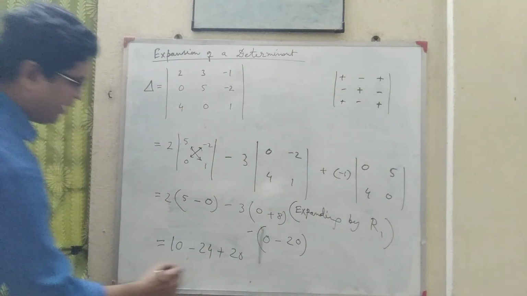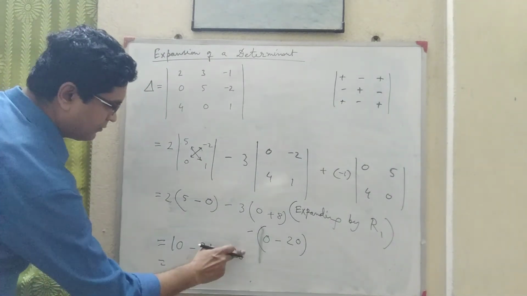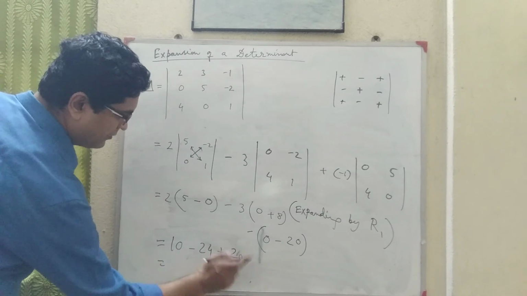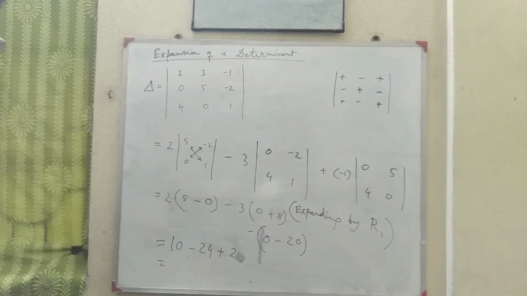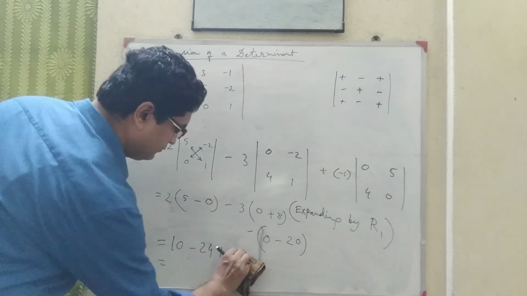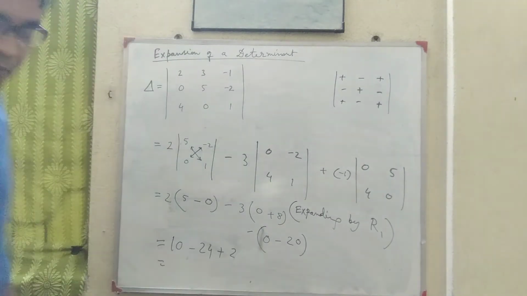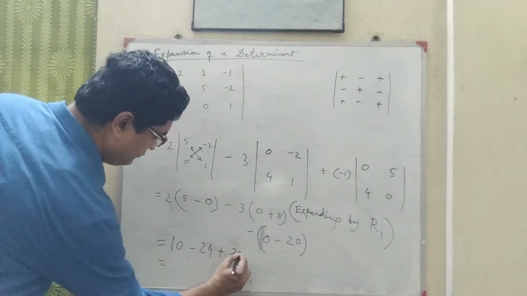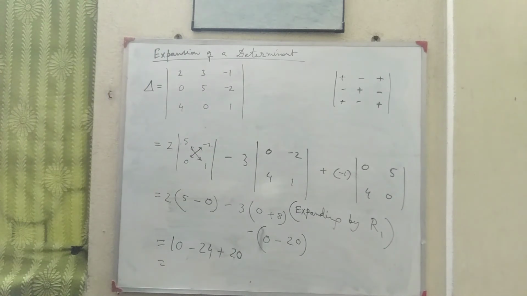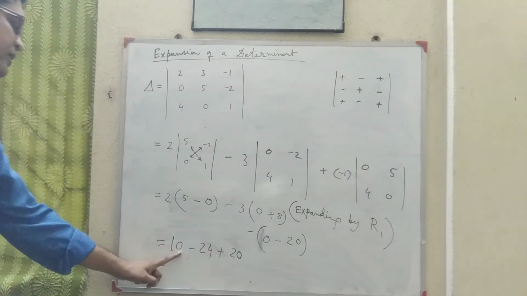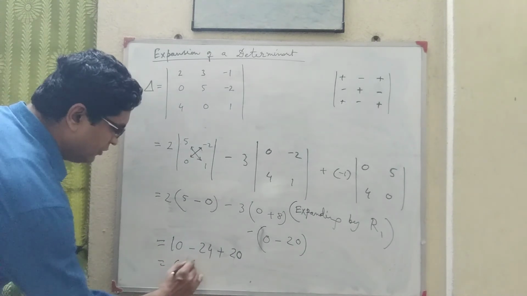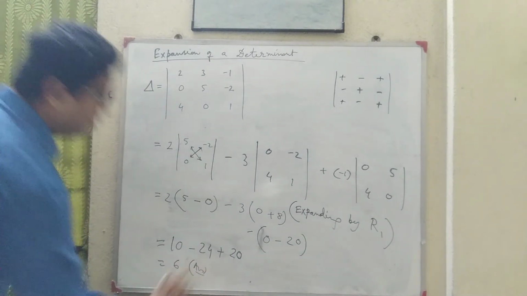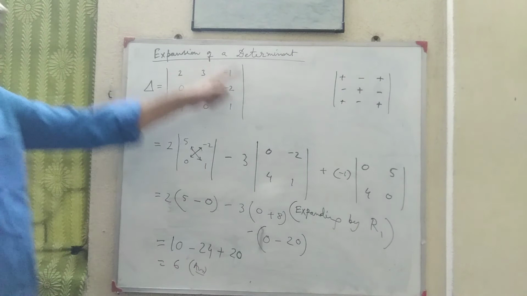So we have the value now. 20 plus 10 is 30, 30 minus 24 is 6. So this is the value of this third order determinant.